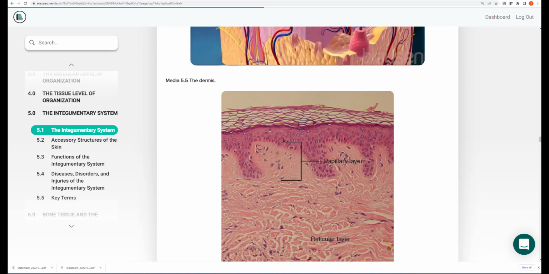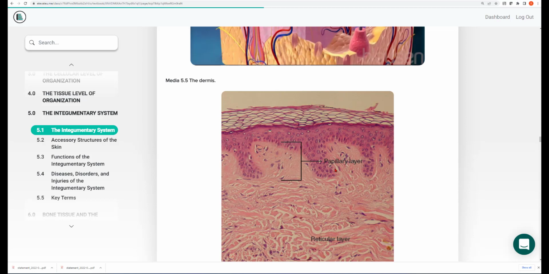Now, the papillary layer is the part of the dermis that interconnects with the epidermis. And you see that the basement membrane is not flat, right? There's an up and down, peaks and valleys, where the dermis and the epidermis interlock together. This interlocking region of the dermis is called the papillary layer.